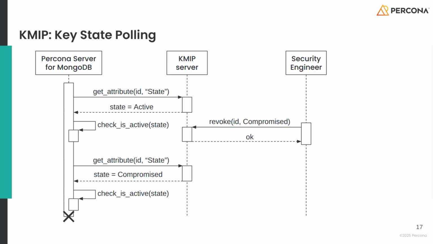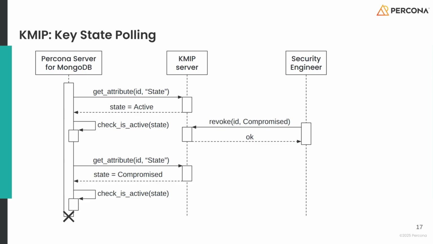Next, this terminating is basically a signal for the operations team that something went wrong. And since the terminating follows extensive logging, and Percona Server for MongoDB exits with a very specific exit code, the operations team can quickly notice that and conduct master key rotation to eliminate that compromised key from the system.